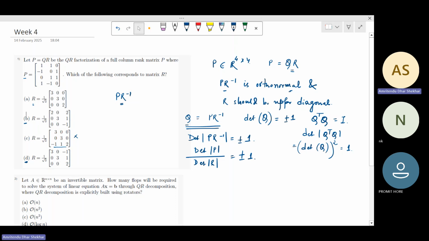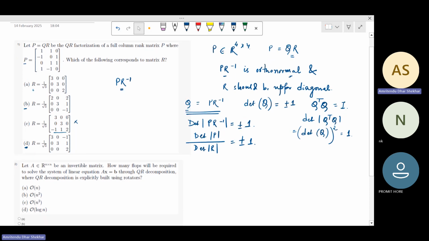All right, let's move on to the next problem. I'm not explicitly doing this computation.